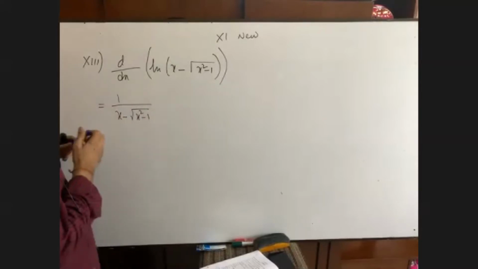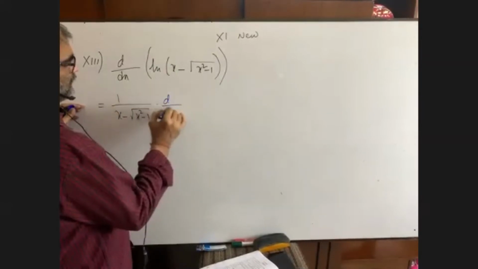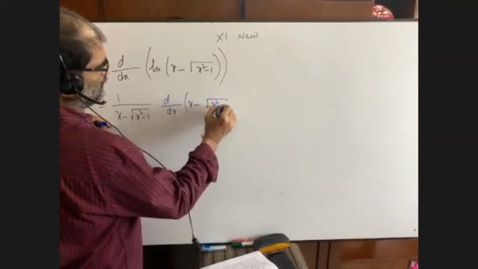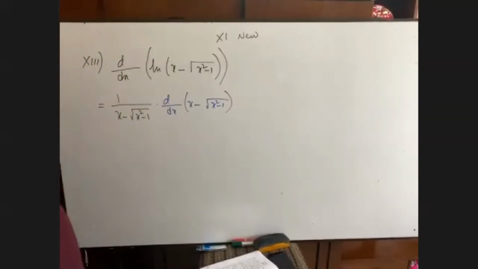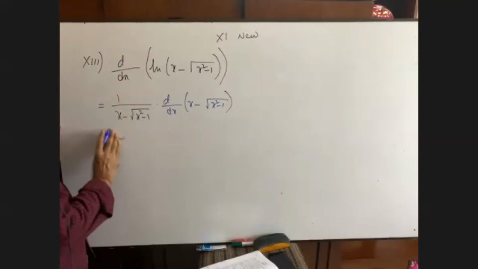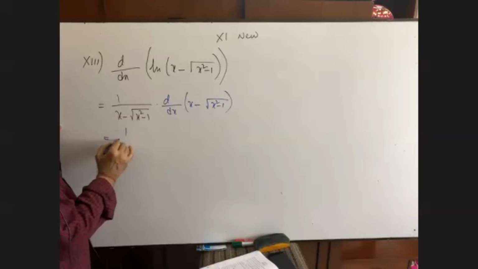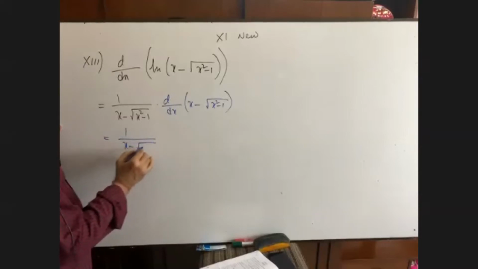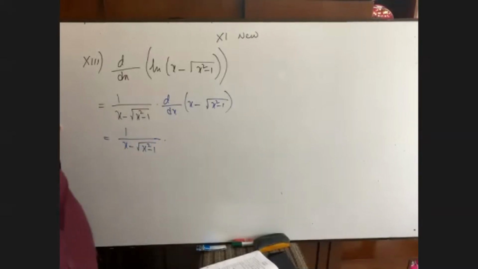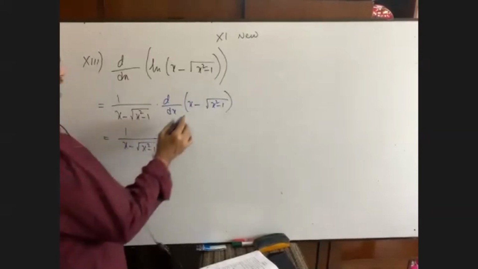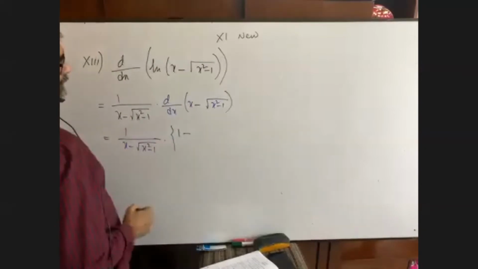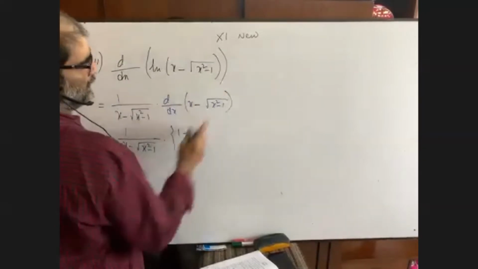Then d by dx of x minus root over x square minus 1. That means we are getting 1 by x minus root over x square minus 1 into d by dx. It is what? 1 minus, it is power half.